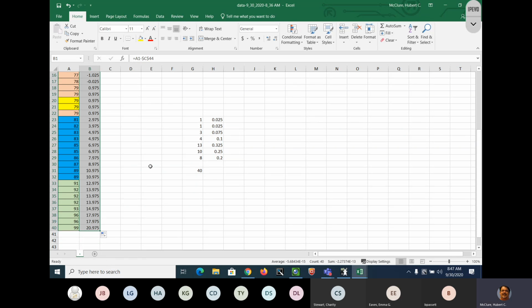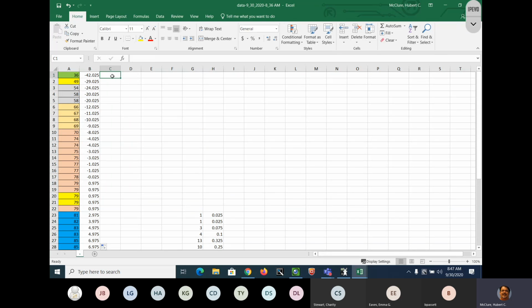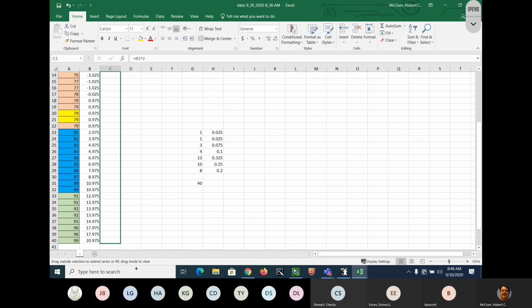And then I'm going to square it. Now, this is not a test question by itself, but it is 4 or 5 good test questions separately. And I'm going to add that.